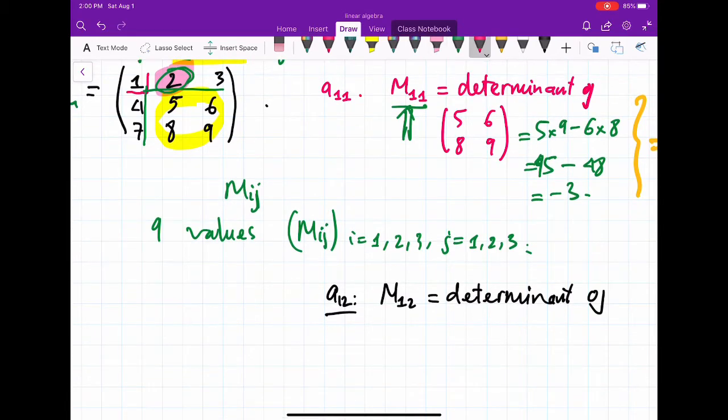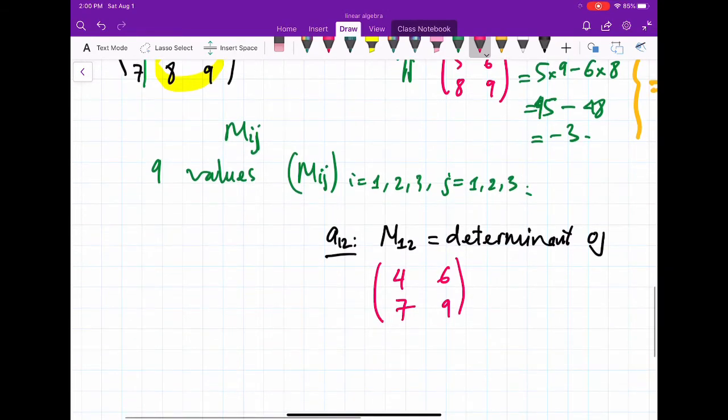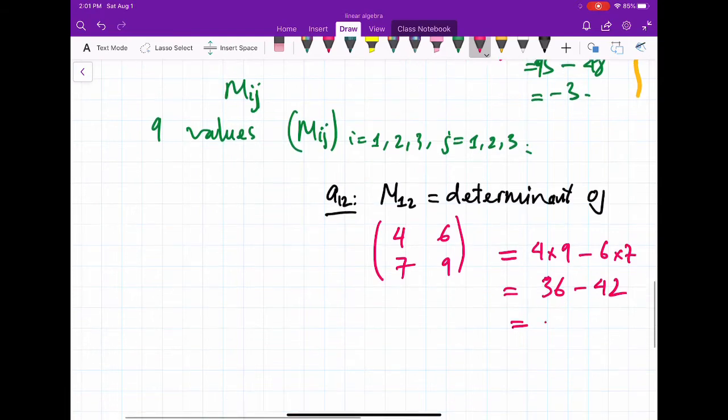I have the following matrix: 4, 6, 7, and 9. And I find the determinant of this, so the determinant is equal to 4 times 9 minus 6 times 7. So you have 36 minus 42, and you get -6.